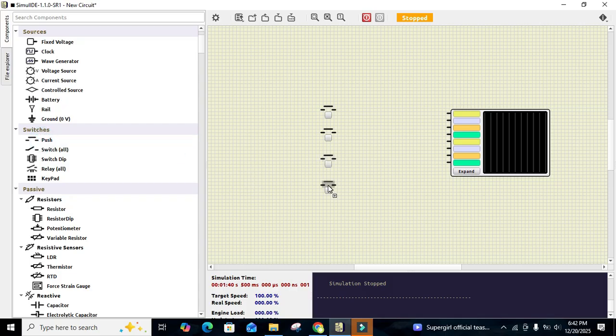So these are our 4 push buttons. So we need to connect these with the respective inputs. Like this.